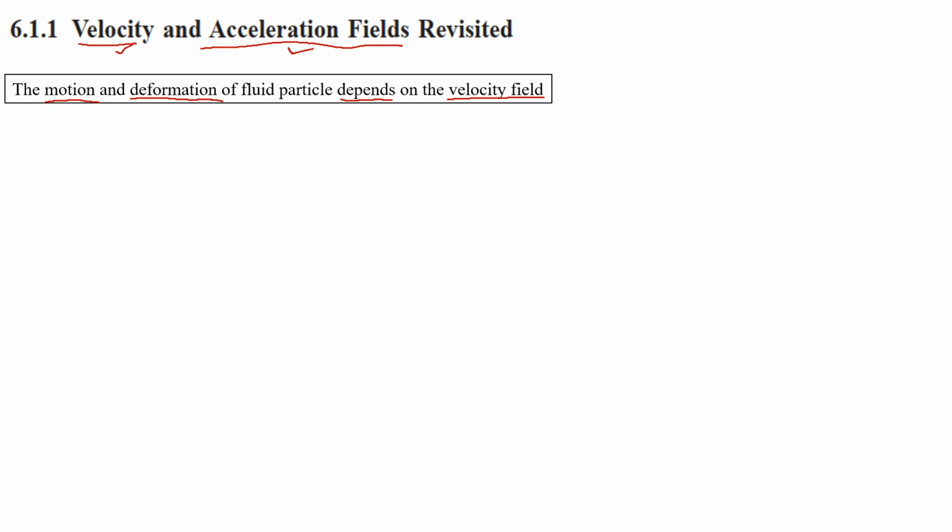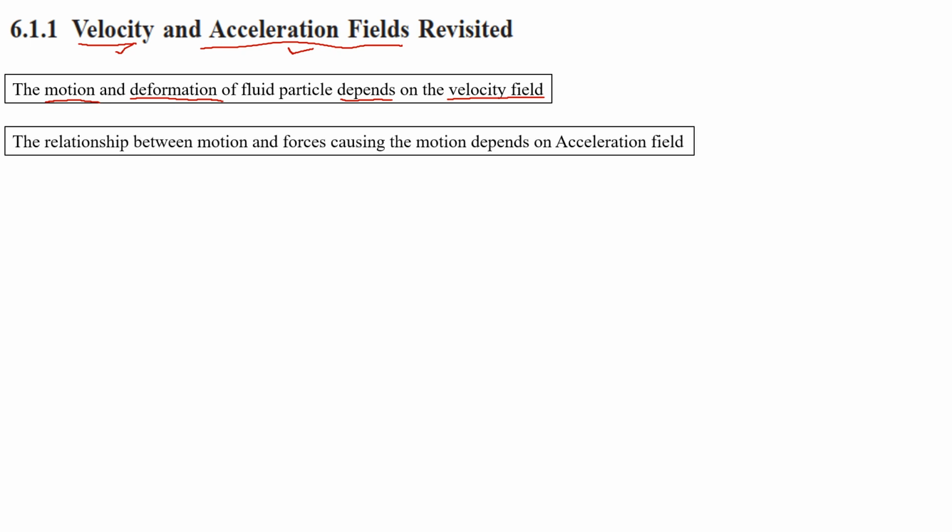For that purpose we are going to utilize our velocity field concept. The other one is the relationship between the motion and the forces causing the motion, which depends upon the acceleration field, and for that we also derived the material derivative to see the change of a particular fluid particle with respect to time and its position.